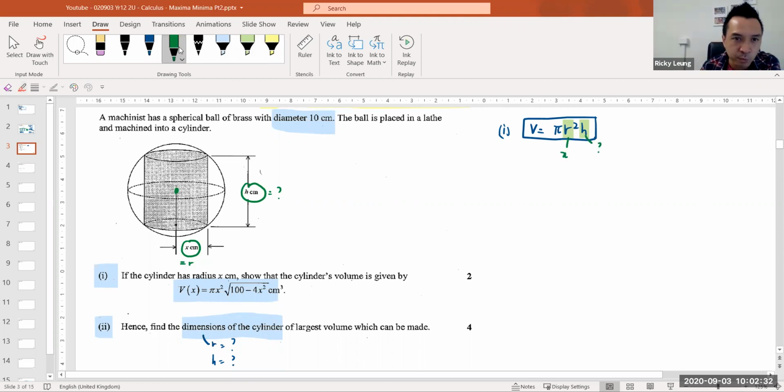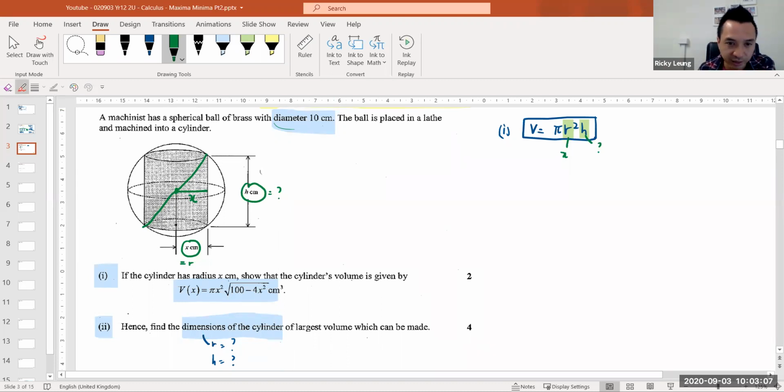Let's come back to the question itself. You can see this distance here, which is the radius, is x, and I can utilize the 10 meter diameter. Let me think, what's the best way to do this?